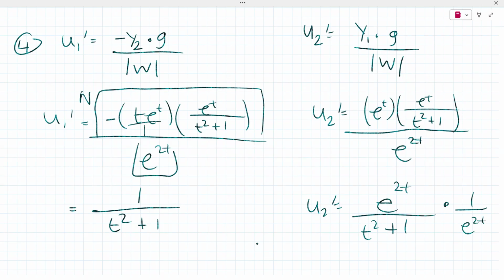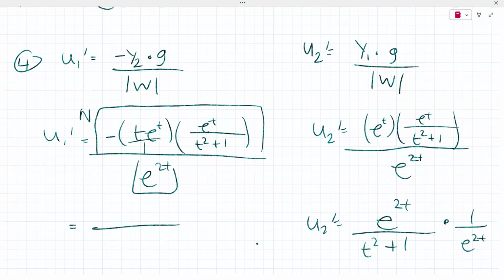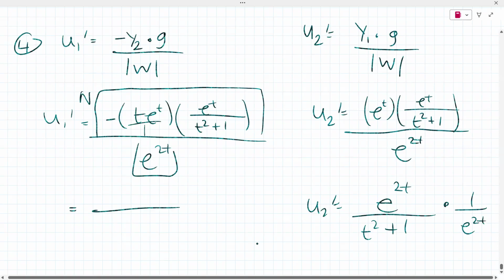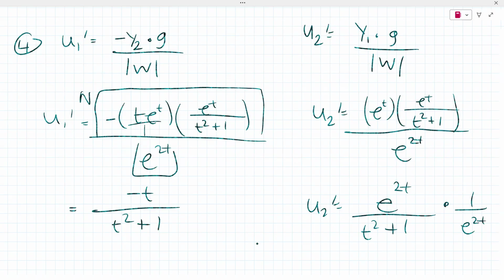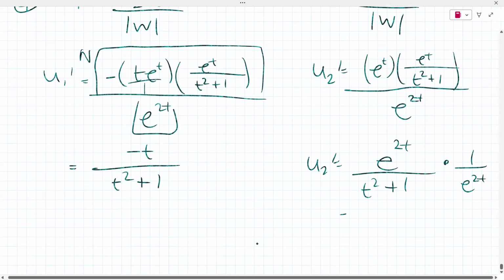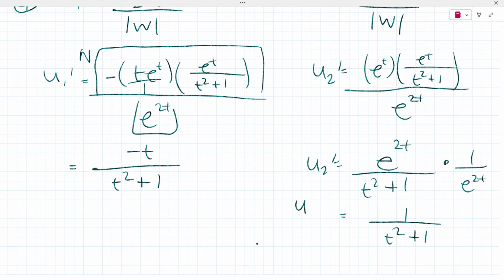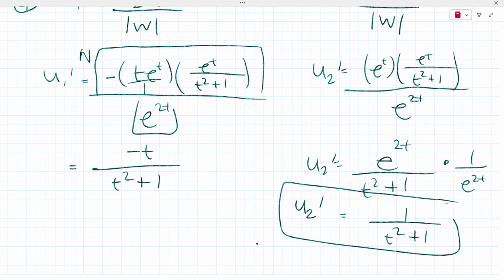Oh, I made a mistake. My u1 prime, when you simplify this, you should get negative t over t squared plus 1. I made a mistake. And then over here, when you simplify it, you should get 1 over t squared plus 1. Okay, so this is my u2 prime, and this is my u1 prime.